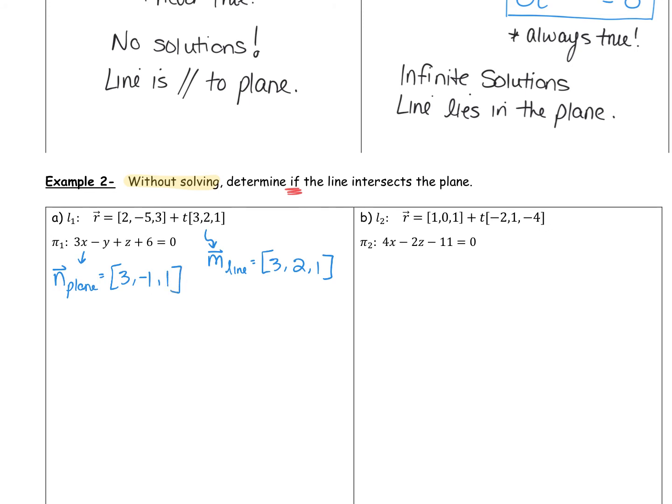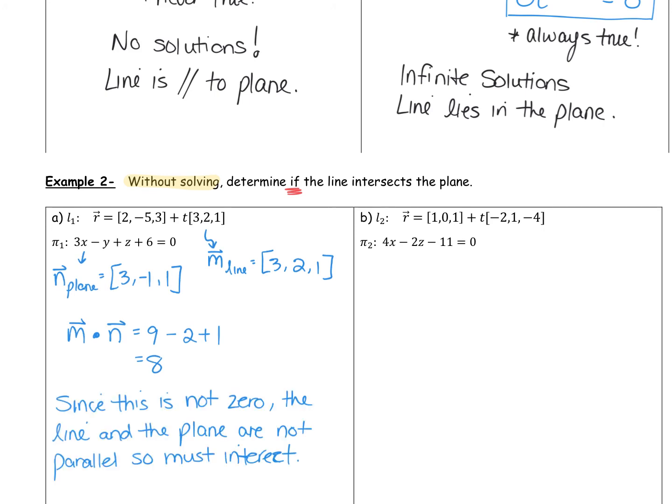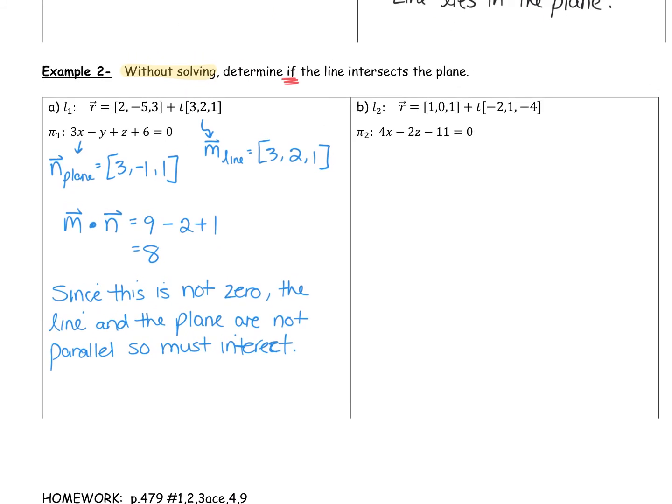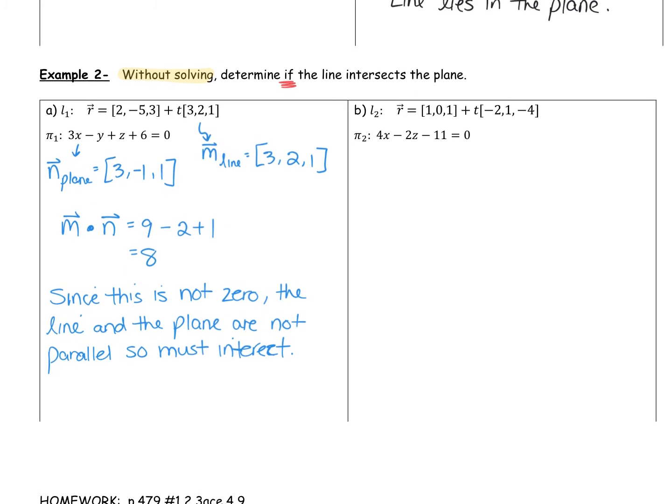Now, if we take a look at dotting the direction vector with the normal, we would get 9 minus 2 plus 1, so we would get 8. Now, because this is not 0, we know that the line and the plane are not parallel, and so they must intersect then. Okay, so this would mean that there is, of course, one solution.